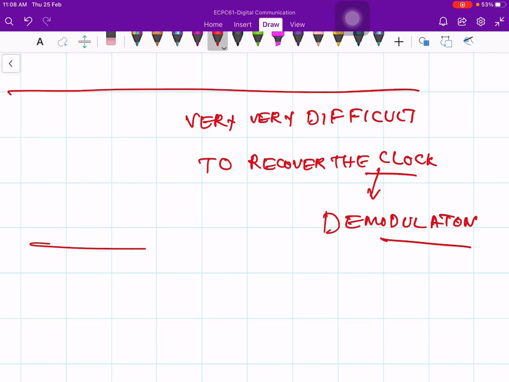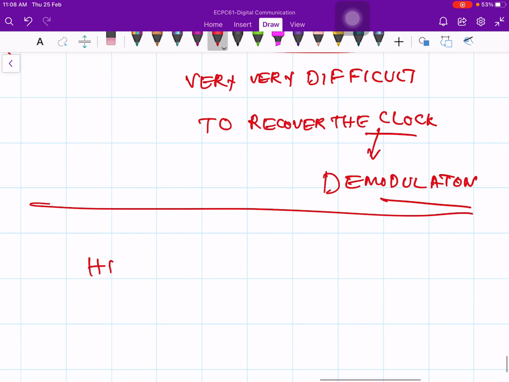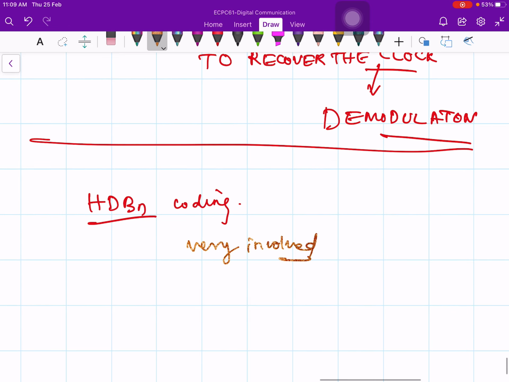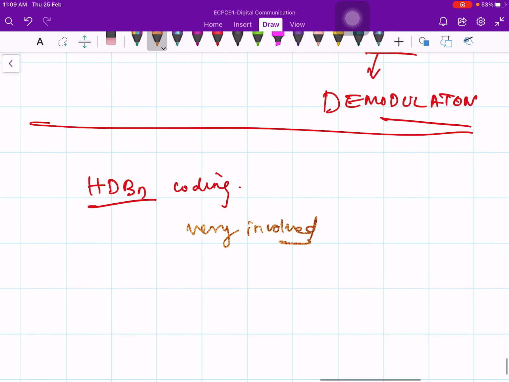And finally, let us come to HDBN code. I am not going to take much time on this, because I am not going to do the spectral calculation of HDB coding in detail. The reason is it is very involved. That's why I am not going to do it here, and therefore we can cover this topic quickly and finish off.